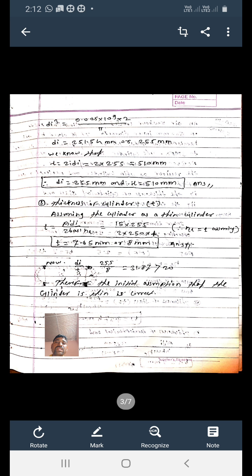Now we want to check whether our assumption is correct or not. How to check that? With the help of our definition of the thin cylinder: the ratio of di by t should be greater than 20 or not. We want to check. We have both values, di and t.